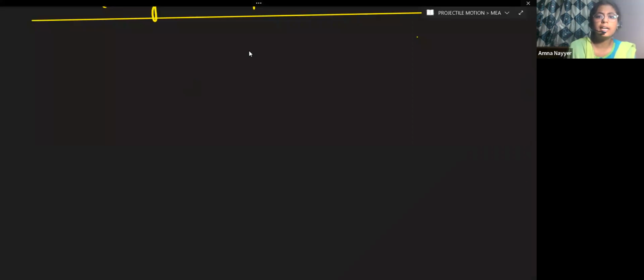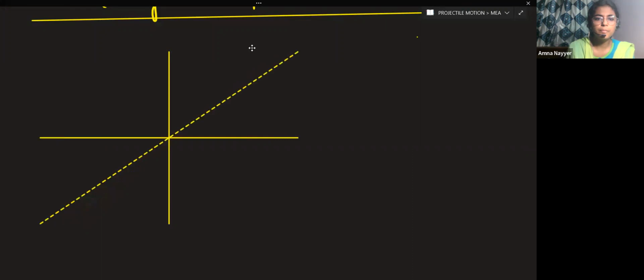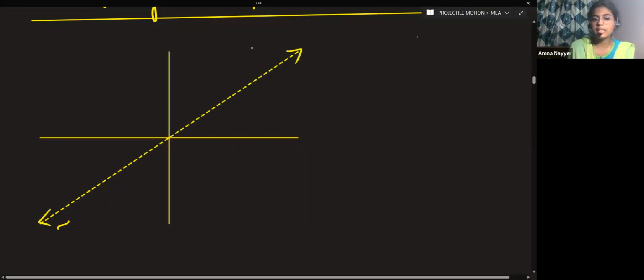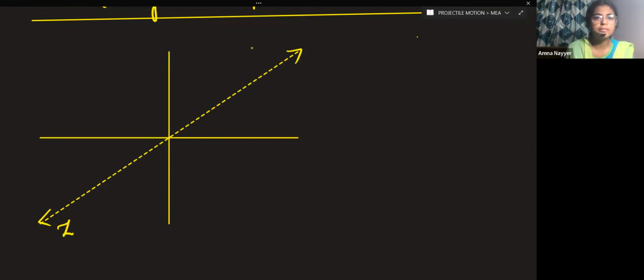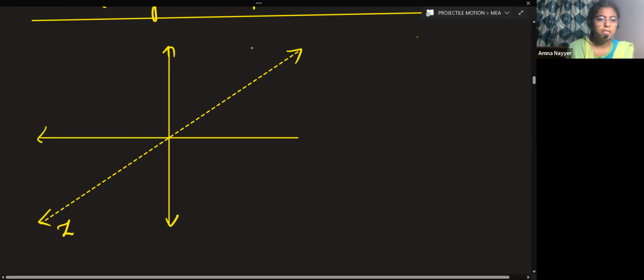Now let's say 3 axes are there. This is your z-axis, the extra axis that we have. This is the y-axis. This is the x-axis. Fine. Now, let me erase certain axes, otherwise it will become very confusing.